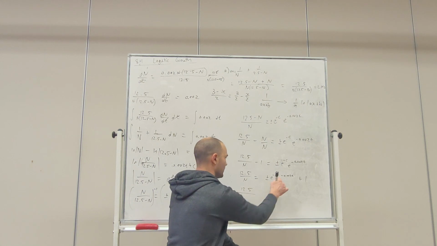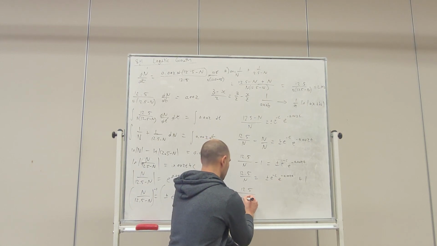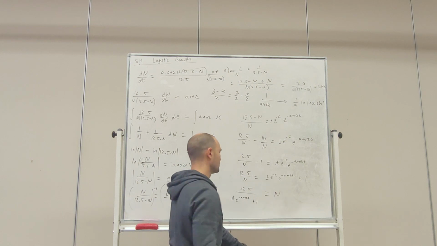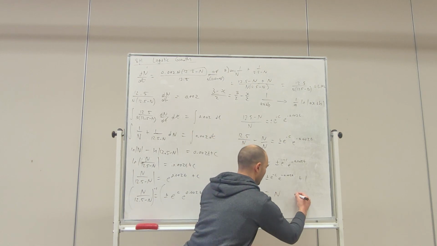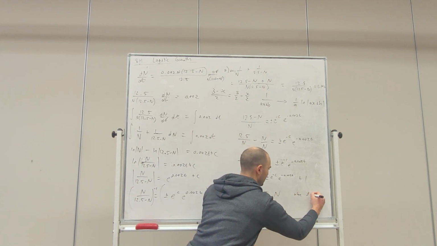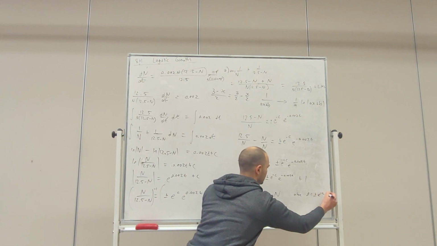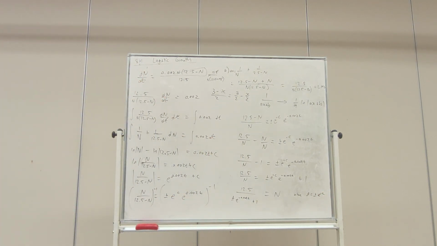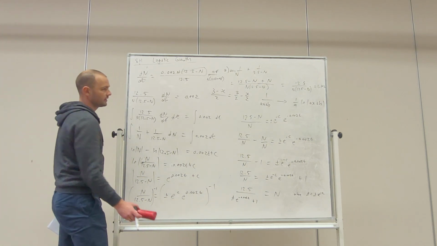A e to the negative 0.002t plus 1 equals n, where a is plus or minus e to the negative c. Okay, cool, like some awesome algebra there, right? But we've actually got one more thing to do, which is solve for a, which we haven't done yet.